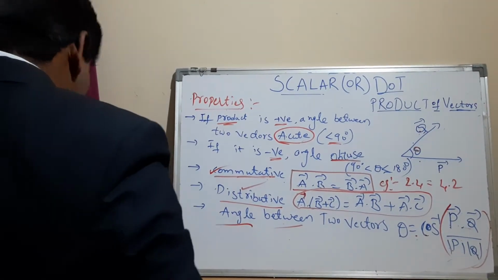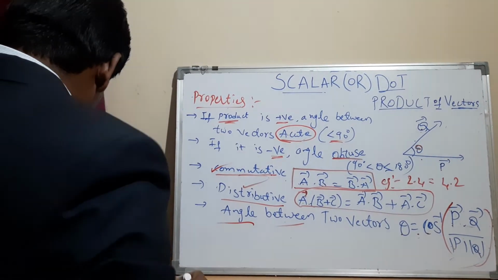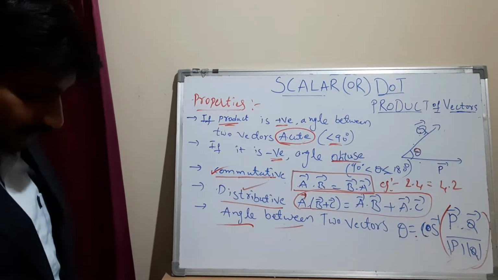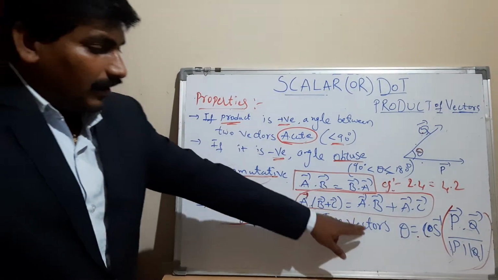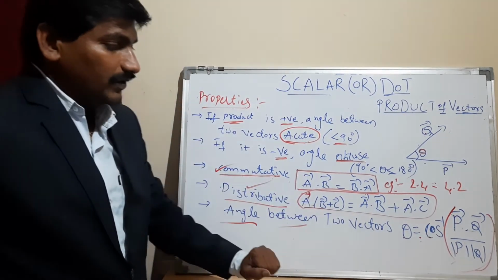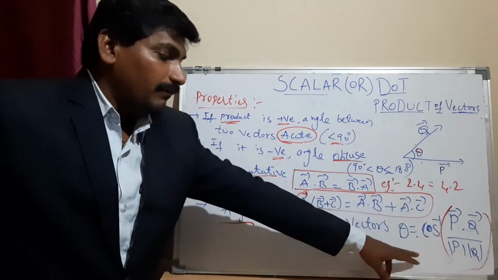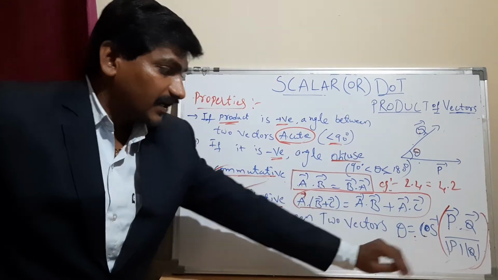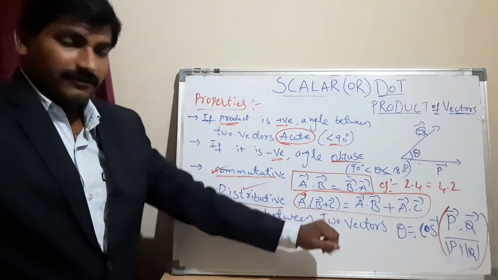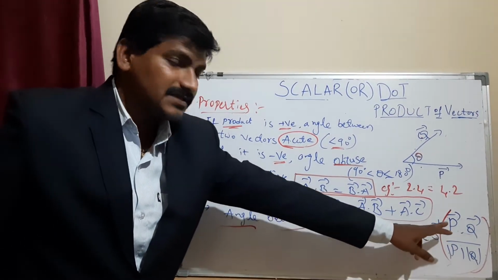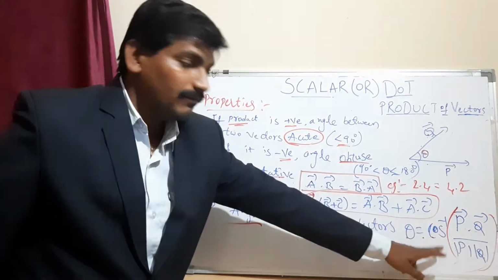What is that basic formula which you already know? P dot Q, the product of two vectors, is equal to the product of the magnitudes times the cosine of the angle. From there I made theta the subject: theta equals cos inverse of P dot Q by modulus of P and Q.